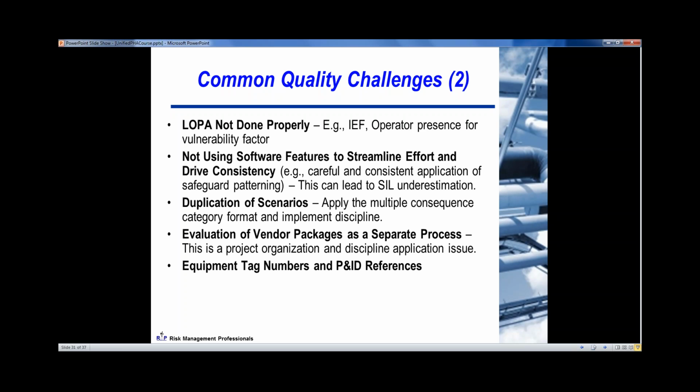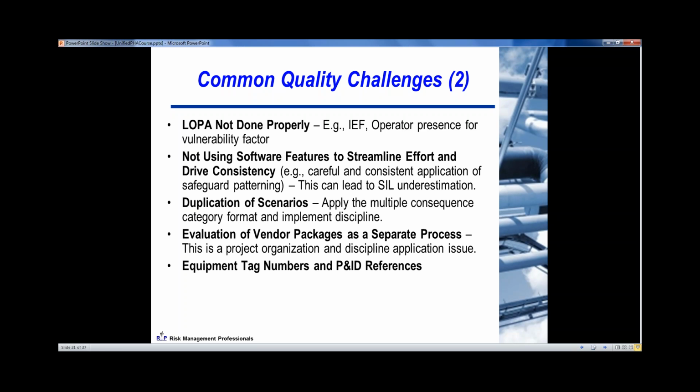If they're drawn to the problem and then for an overpressure event, pressure keeps rising, and then you have a breach or release, then instead of a vulnerability factor, assuming a random presence of operators around the facility, you've got one or more people right there on top of the problem. So again, these are common things that can come up during a LOPA that a lot of people don't think through properly.